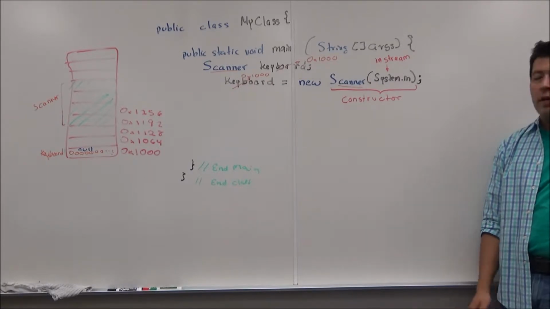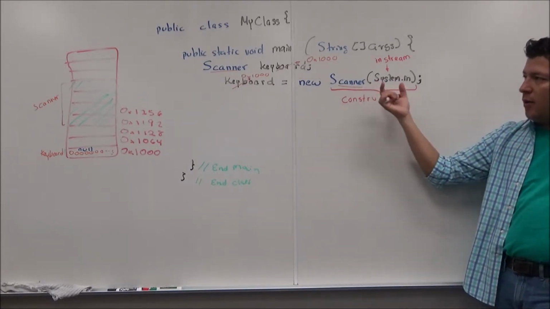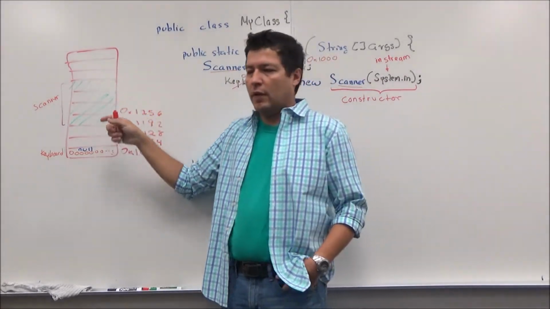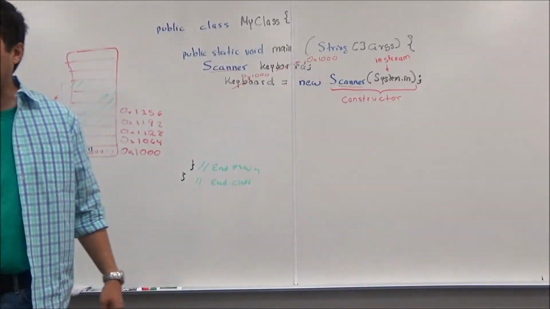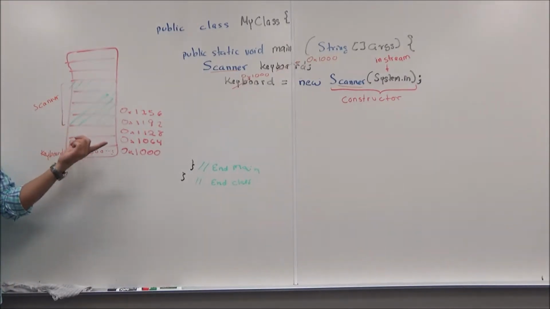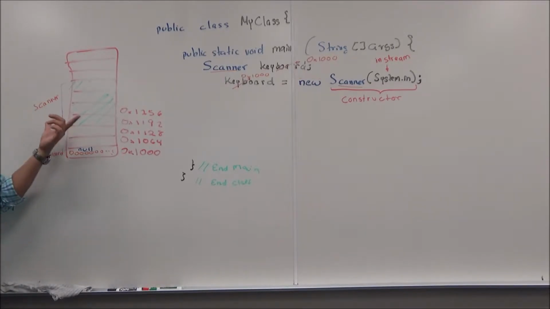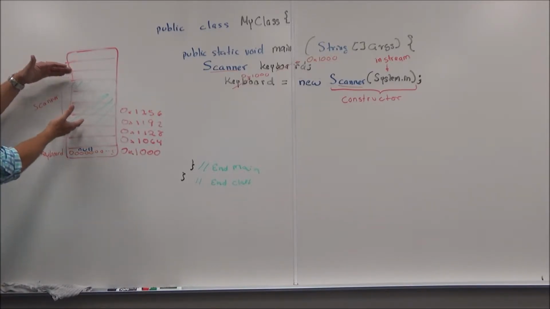The constructor allocates this memory. And you don't need to know the size of it. It's done by the computer. I mean, if you need to know the size, you can find out what exactly the size is. But all it does is create this Scanner for you.